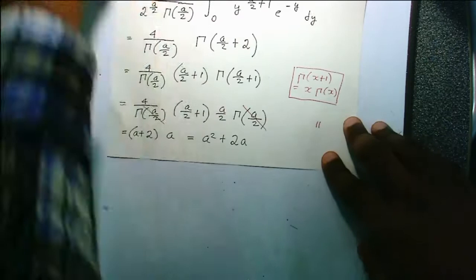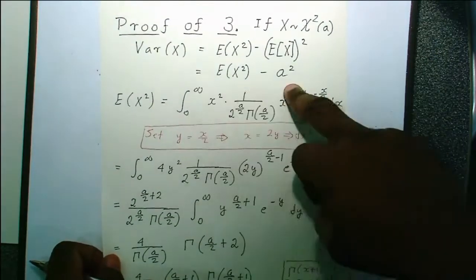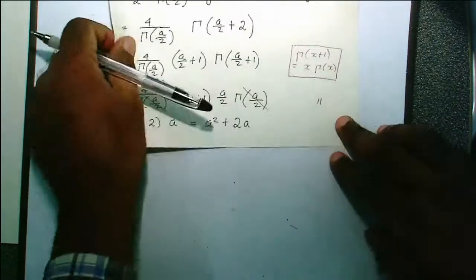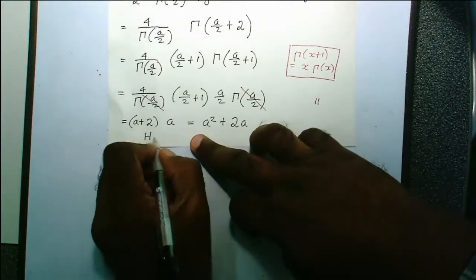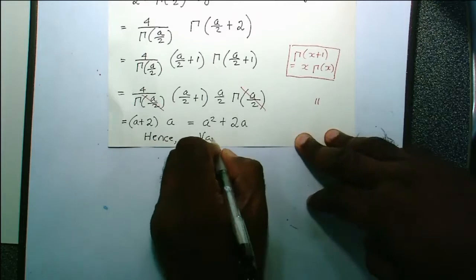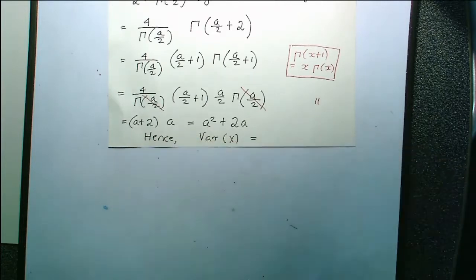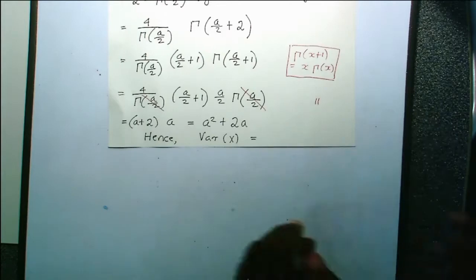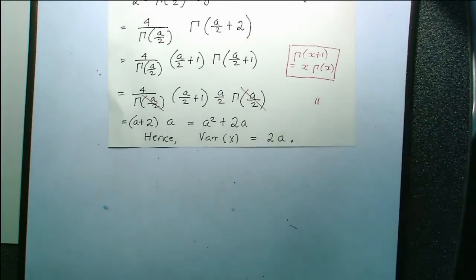Now going back over here, the variance is the difference between these two. So hence the variance of a chi-squared variable is the difference between a squared plus 2a and a squared, which is 2a. So we have proved property 3.